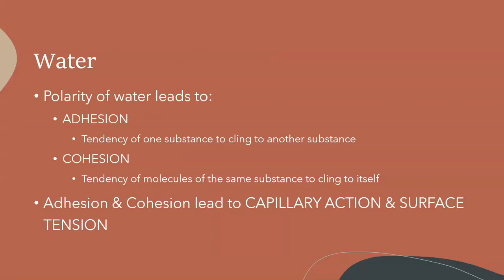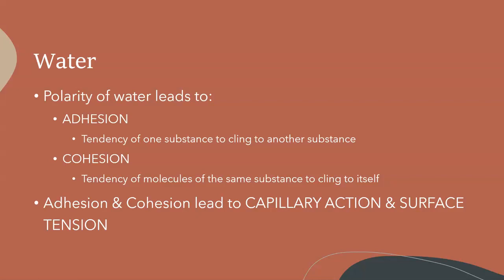Water's polarity also leads to the things I talked about before. Adhesion, which is the tendency that one substance will cling to another substance. If you get water on your clothes, it doesn't roll off, right? Unless you've treated it with some kind of chemical, it obviously gets you wet. That is adhesion. And cohesion: when you pour water out of a glass, it all comes out together.